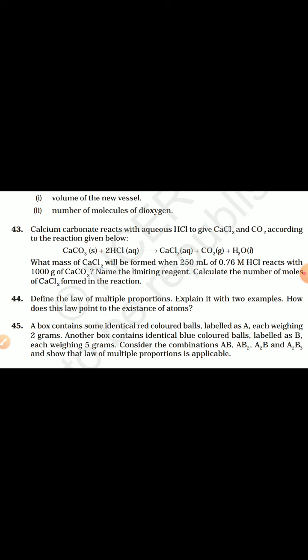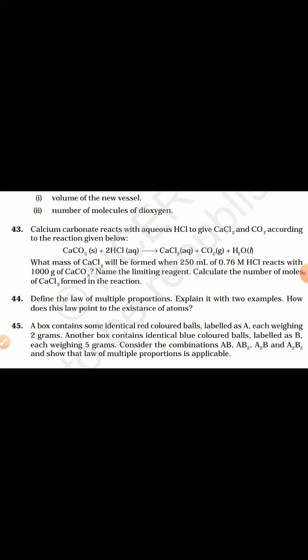Calcium carbonate reacts with aqueous HCl to give CaCl2 and CO2. What is the mass of CaCl2? And the 250 ml of 0.76 molar HCl. Yes, here it is mentioned that 0.76 molar HCl is present in 1000 ml.